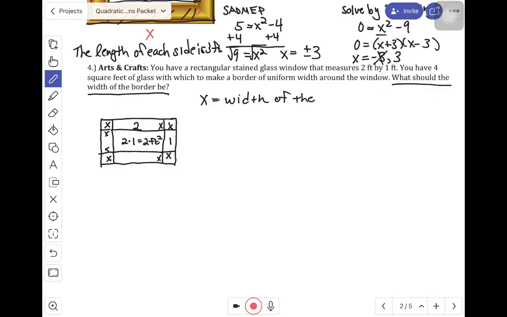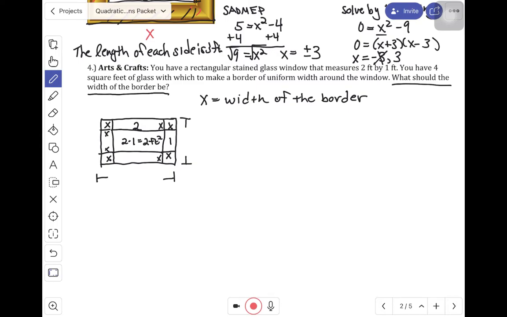Now, do you see what I did here? I just drew another rectangle around the rectangle I already had for the window. So I'm going to identify this new length and this new width.